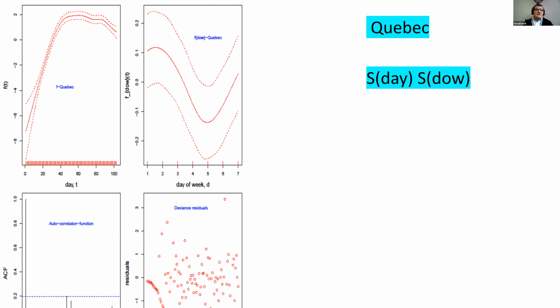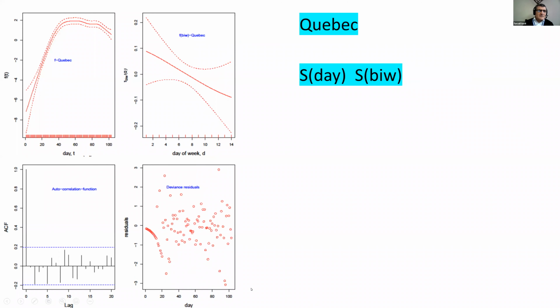And we have the smooth functions with 95% confidence interval: top left is F of day, and top right is F of day of week. And for the autocorrelation function, there is no significant lag. This is perfect. And also the deviance residuals are symmetric.